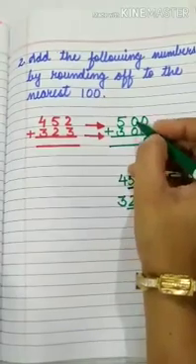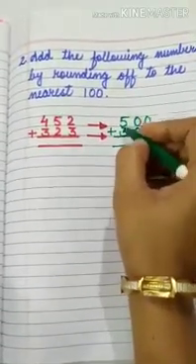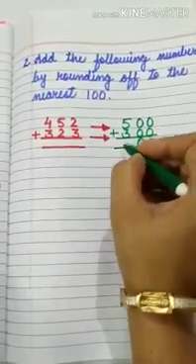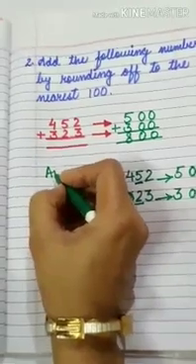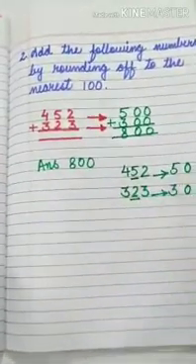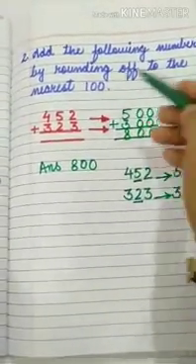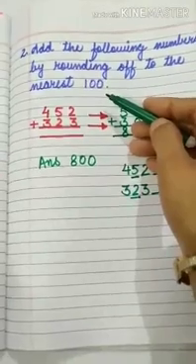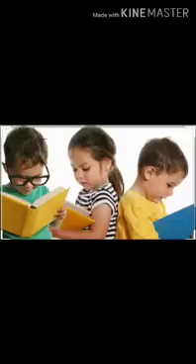Now the tens place is 0 plus 0 is, again it is 0 here, and the 100 place 5 plus 3 is 8, right? So our answer is 800. So this is the way to add the numbers by rounding off to the nearest 100. Hope all the concept is clear to you now.